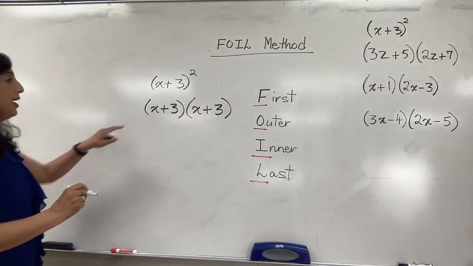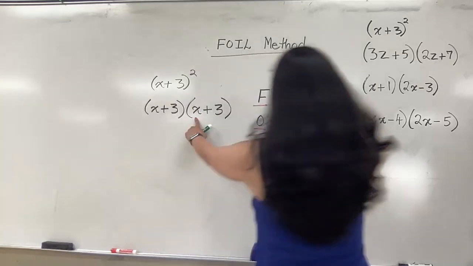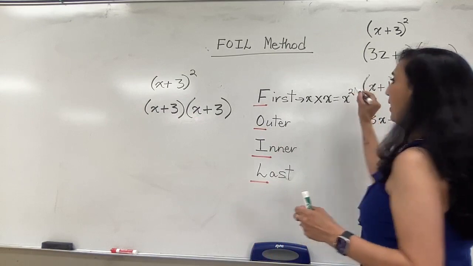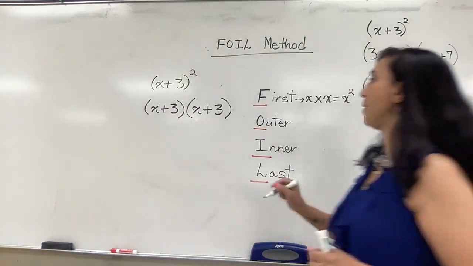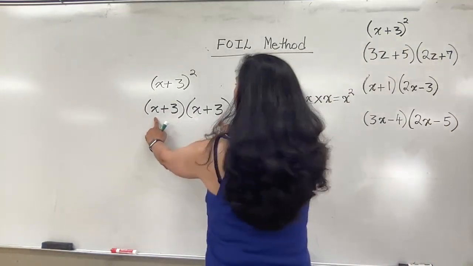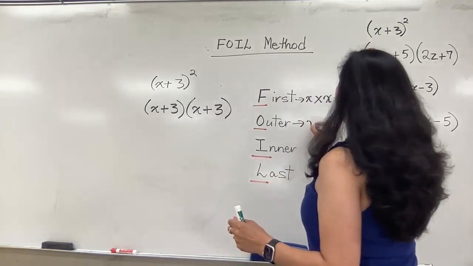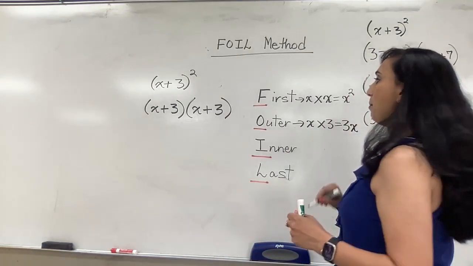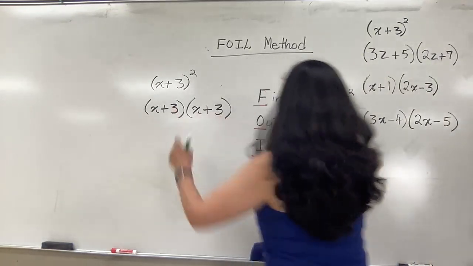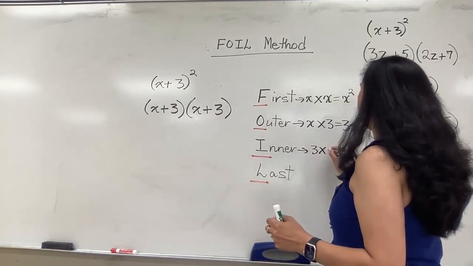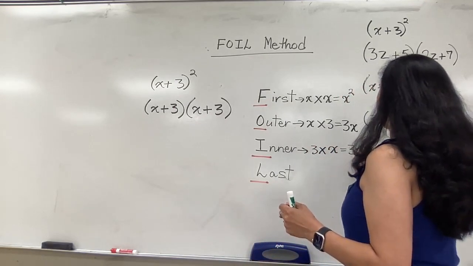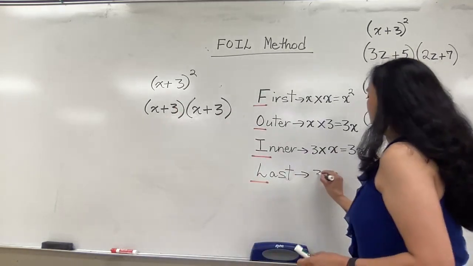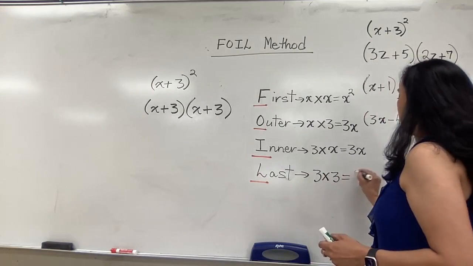When I take the first, it is x times x, which gives me x squared. My outer are these two, x times 3, which gives me 3x. My inner are these two, which is 3 times x, which gives me 3x. And my last are these two, which is 3 times 3, which gives me 9.